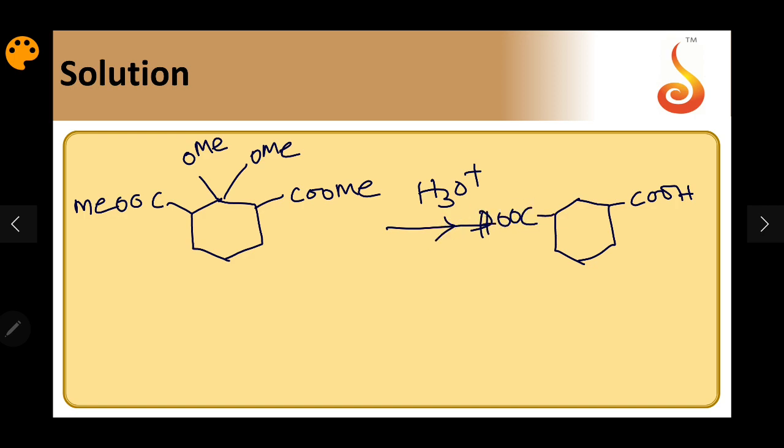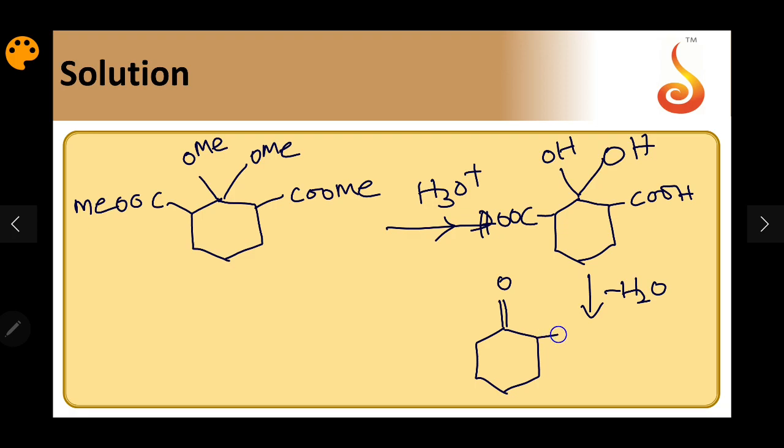Then the ethers will become alcohol, OH, OH. Now one carbon having two OH groups will lose water. So this becomes a ketone here, with COOH and COOH. And also it is given heating.